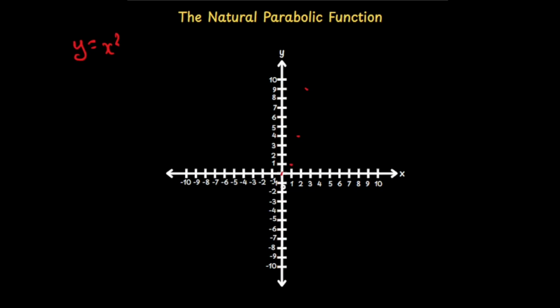Now, looking at this function from the y-axis, if we're looking towards the left of it, I'm talking about the negative x region. If we say negative 1 times negative 1, it's going to give us a positive number. That would be a positive 1. Right. Negative 2 times negative 2, negative and negative, positive. Positive 4. Right.